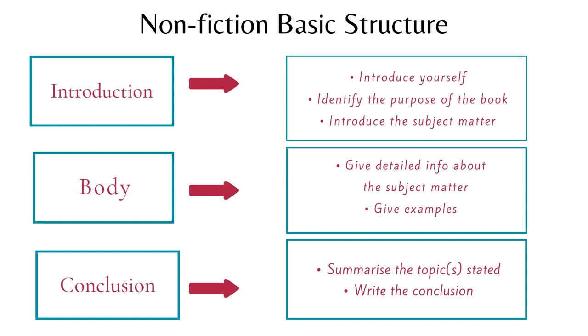I want to mention here that I think writers of memoirs, okay, they use some kind of hybrid of both the fictional story structure and the non-fiction story structure, because a memoir is basically a non-fiction book, but it follows some of the rules of fiction.